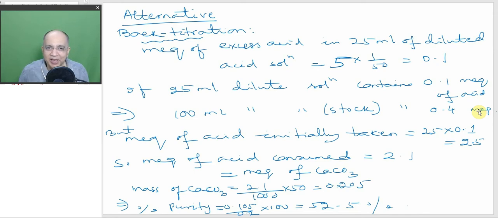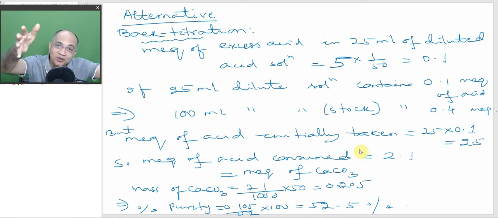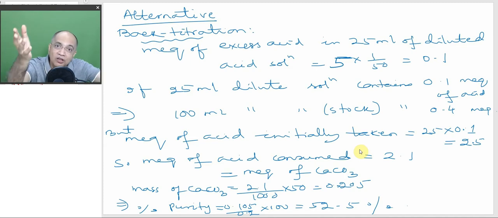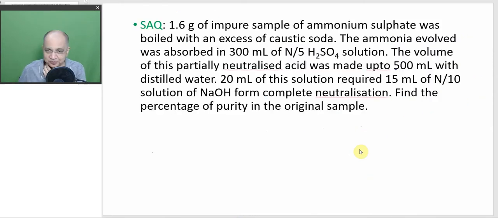So therefore they opt for this method. You understood? But it is the same stock, the same seawater, you are bringing 25 ml. So whatever normality or concentration you get is the same with the entire stock. The entire stock contains the excess unreacted acid that we are going to determine, right?